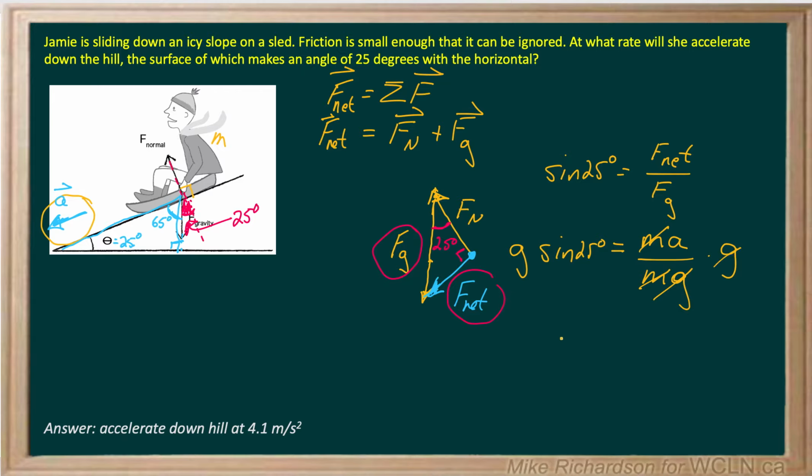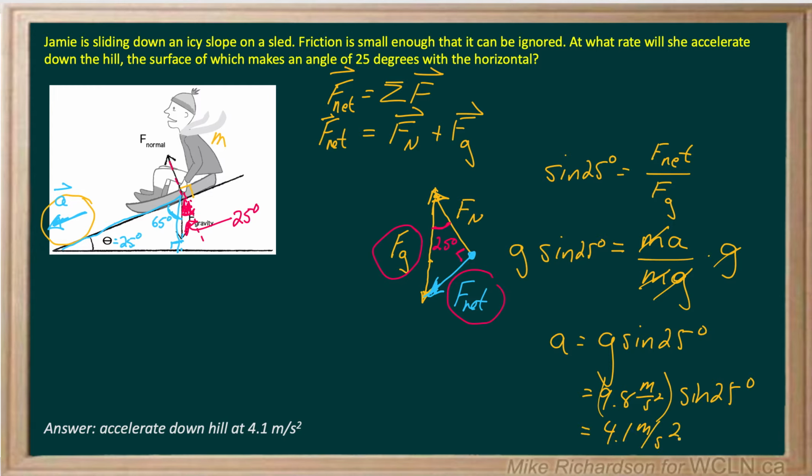And we've got our equation. My acceleration down the ramp is simply g sine 25, which is 9.8 meters per second squared, sine 25 degrees, which gives me 4.1 meters per second squared. Less than gravity, which makes sense, right? The maximum answer would be 9.8 if he was going down a 90-degree incline.